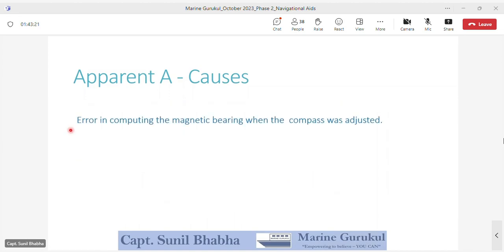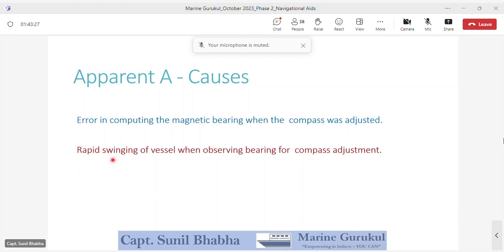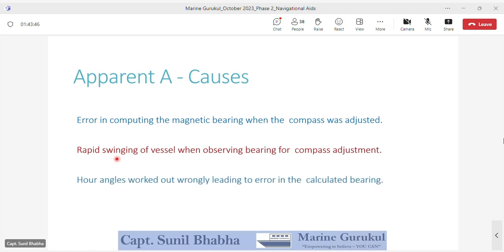Further reasons could be error in computing the magnetic bearing when the compass was adjusted, or rapid swinging of the vessel when observing the bearing for compass adjustment. It is recommended that whenever we are doing the compass adjustment, the vessel should not be swung rapidly. It should be steadied on a particular heading before noting down the deviation. Or the angles worked out wrongly, leading to error in the calculated bearing.